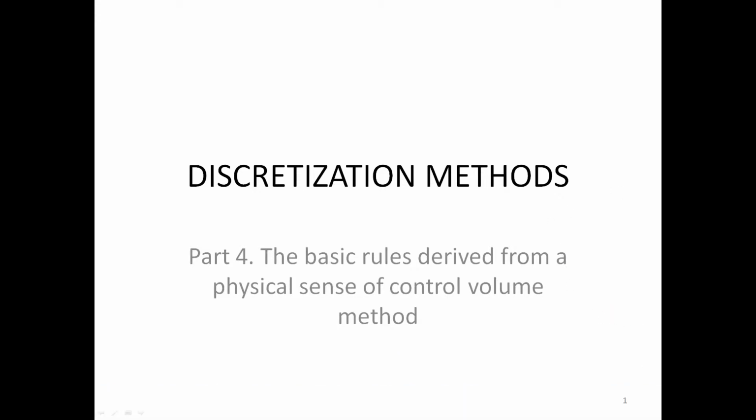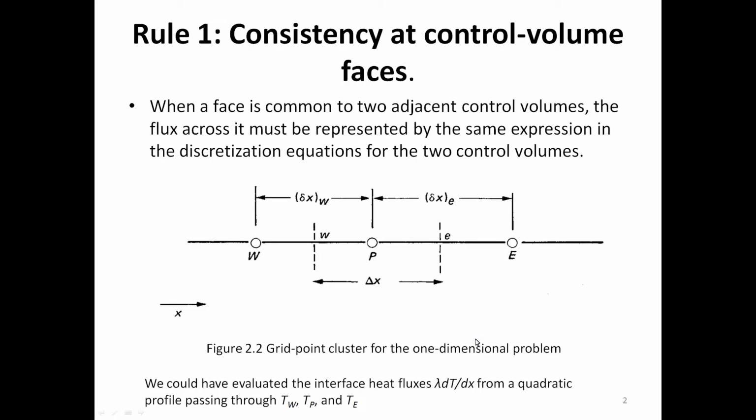The basic rules derived from a physical sense of the control volume method. The formulas from the previous lesson provide sufficient background to allow the formulation of the basic rules that our discretization equations should obey, to ensure physical realism and overall balance.